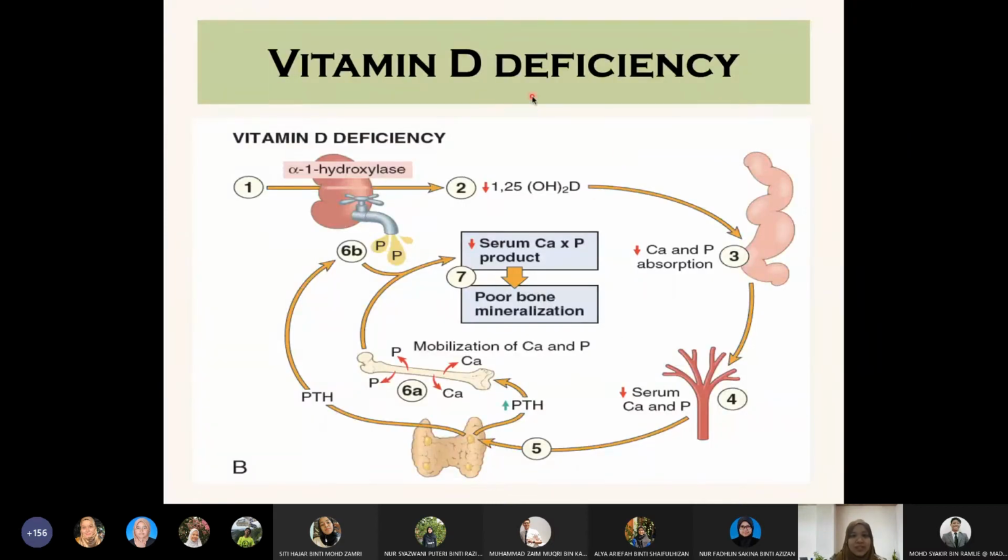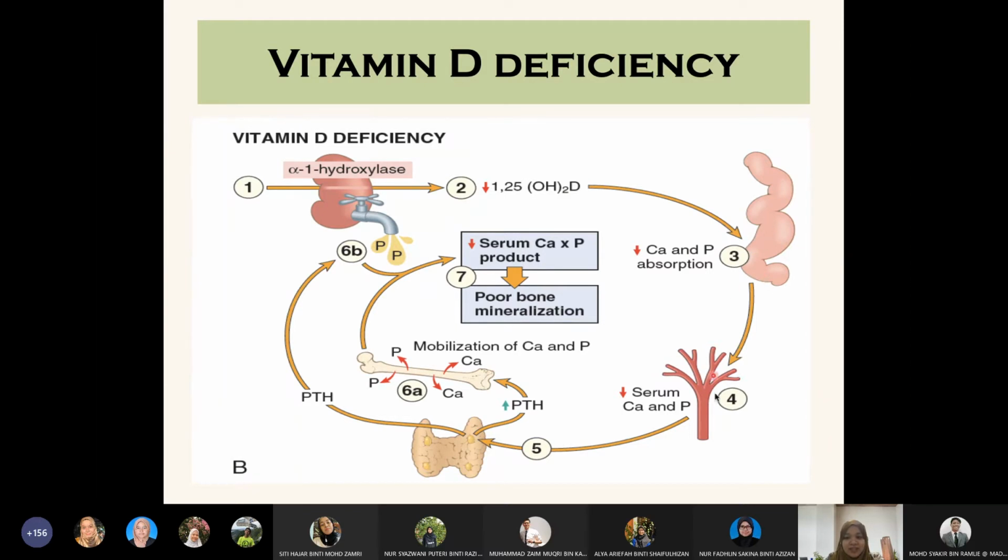So what happened when there is vitamin D deficiency? When there is a vitamin D deficiency, remember I told you, there will be reduced calcitriol, okay? So with reduced calcitriol, there'll be no absorption of calcium and phosphate from the gut, from the intestine.